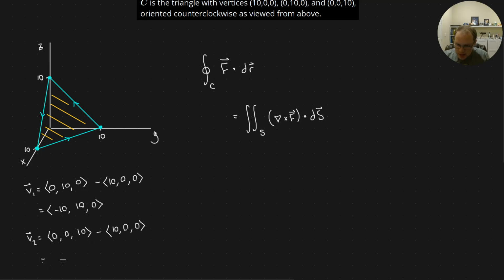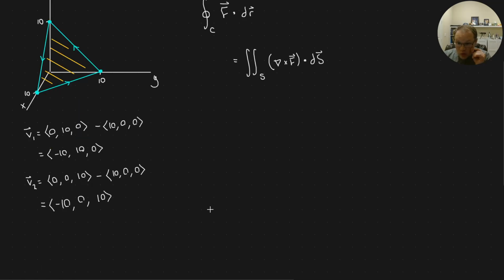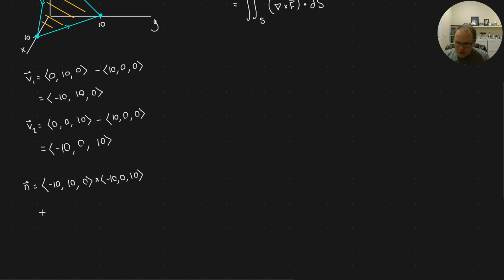And so I get -10, 0, 10. I'm going to take the cross product of those. So I'm going to take the cross product of -10, 10, 0 with -10, 0, 10 to find a vector normal to my plane.